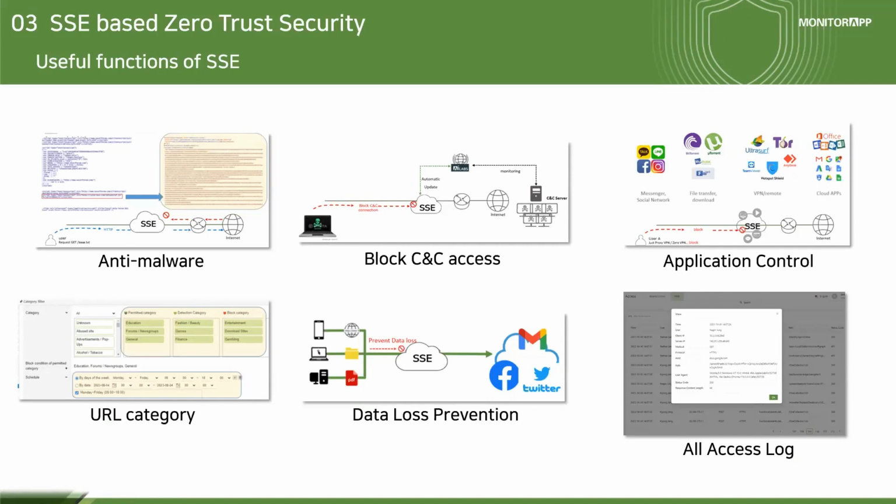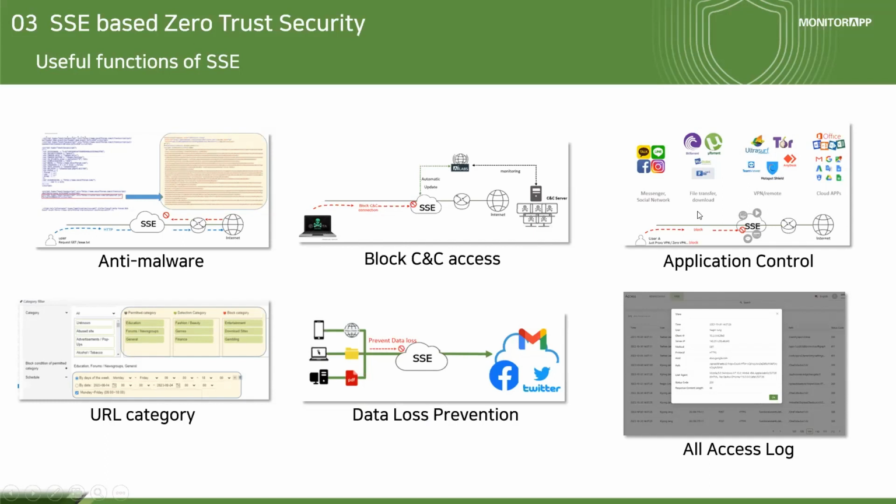The C&C information is updated on the SSE platform automatically in real time. So if a compromised device tries to access the C&C, the SSE platform can block the attempt.